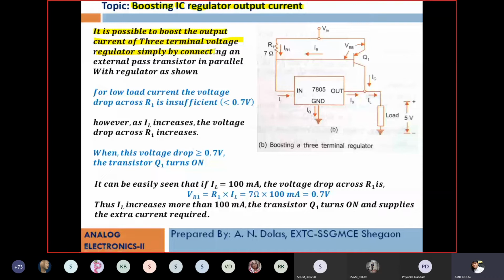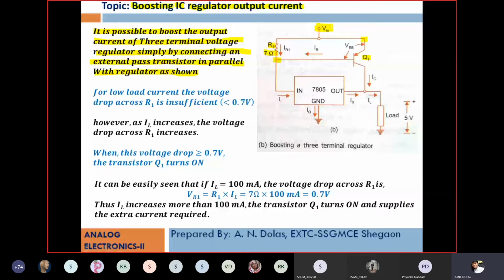You may see here one transistor Q1 is connected in this fashion, where the base of Q1 is connected to the input side through resistance R1, which is 7 ohm. What is Vin? As I mentioned, Vin into the voltage regulator is definitely the unregulated power supply.